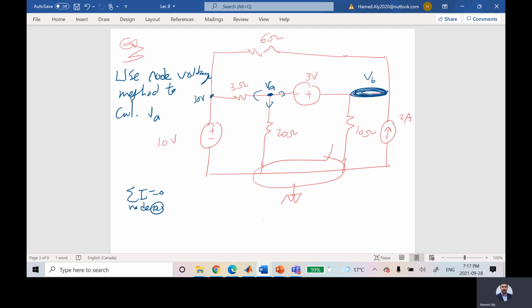So the current here is VA minus 10 over 3, plus the current in this guy, VA minus 0 over 20, plus the current in this guy. What is it? The current here, VA minus VB.